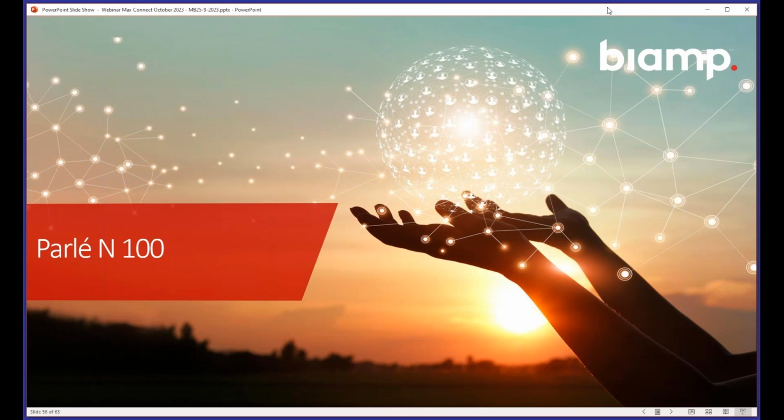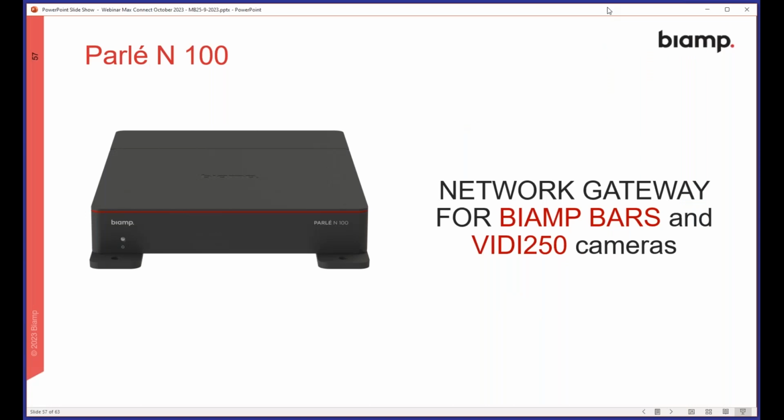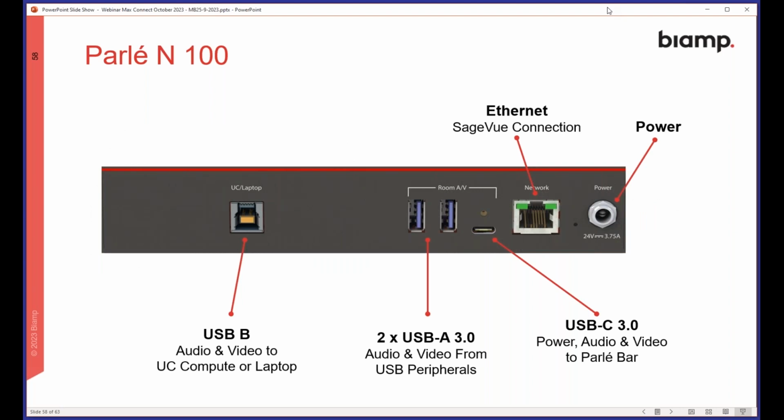We have now the last product of the presentation, the Parlé N100, that is a network enabler for Biamp bars and VD250. So in this way, through this network gateway, we connect the Biamp bars and VD250 to the network for control and management and maintenance.